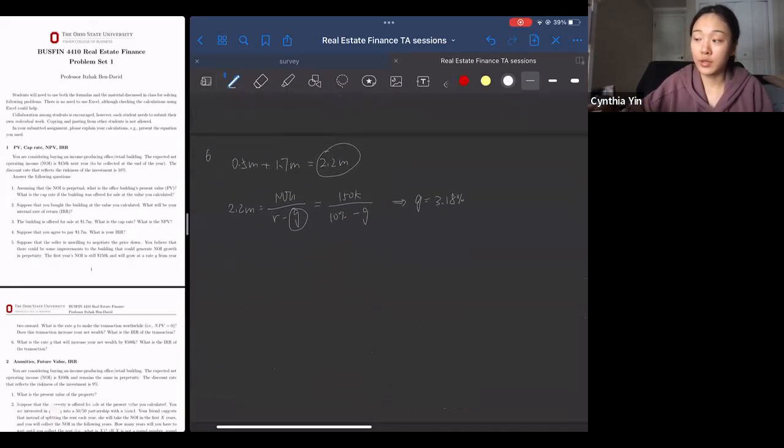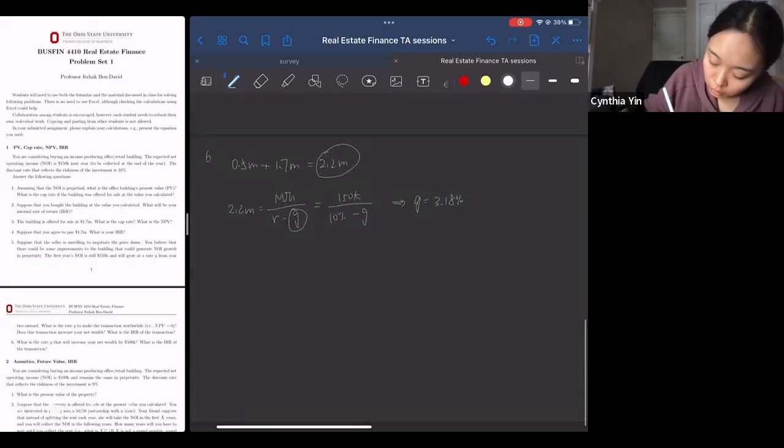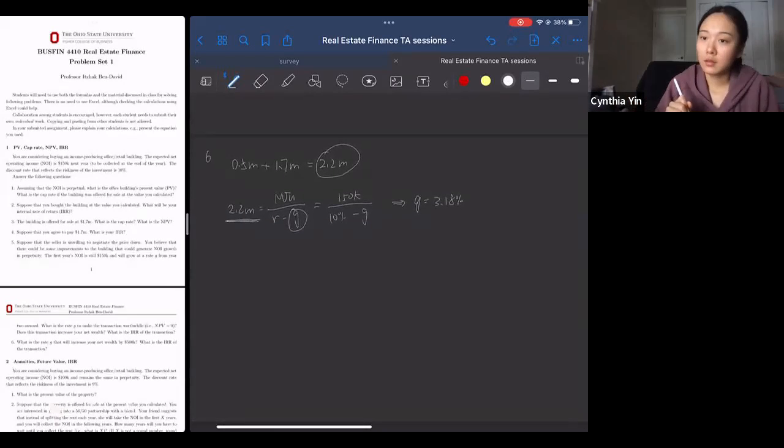Then he asked, what is the IRR of the transaction? This is a little bit tricky. So 2.2 million is not the payment you pay for the property. 2.2 million is your ideal value of this project.